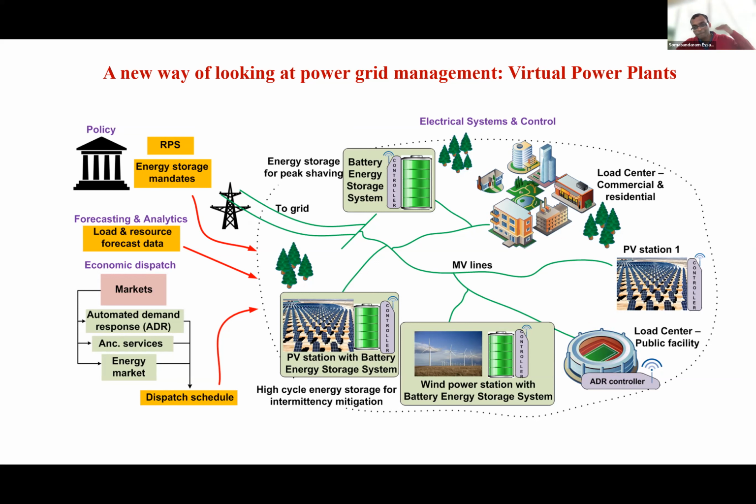Imagine they all become electric vehicles, and people go back home and charge their vehicles at the same time. That's going to result in a massive load on the power grid, and that is probably not very sustainable.